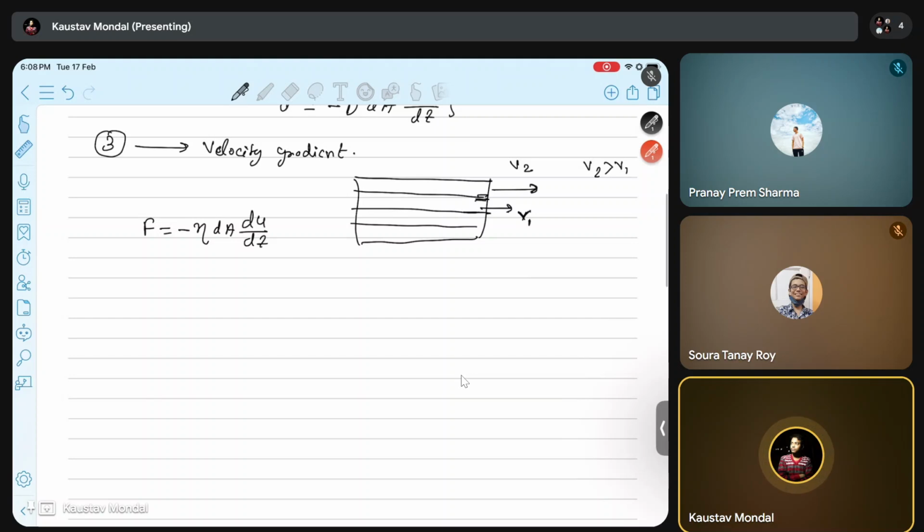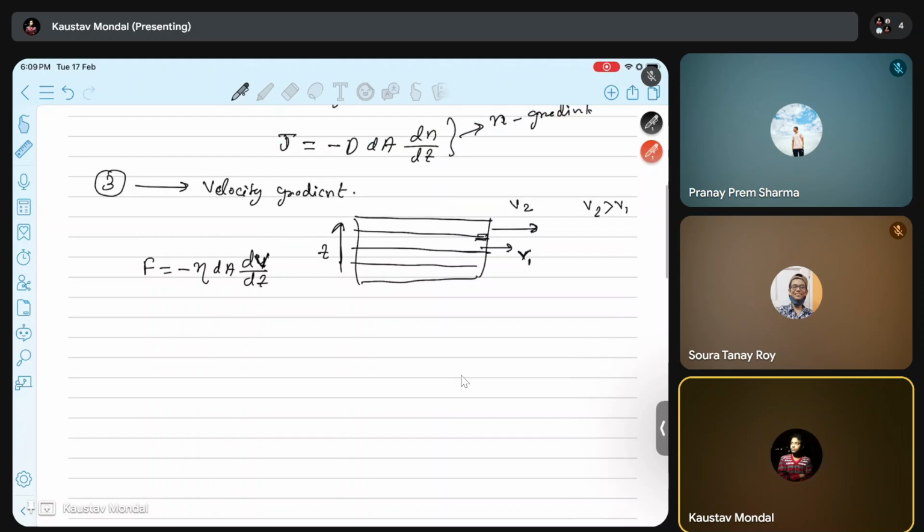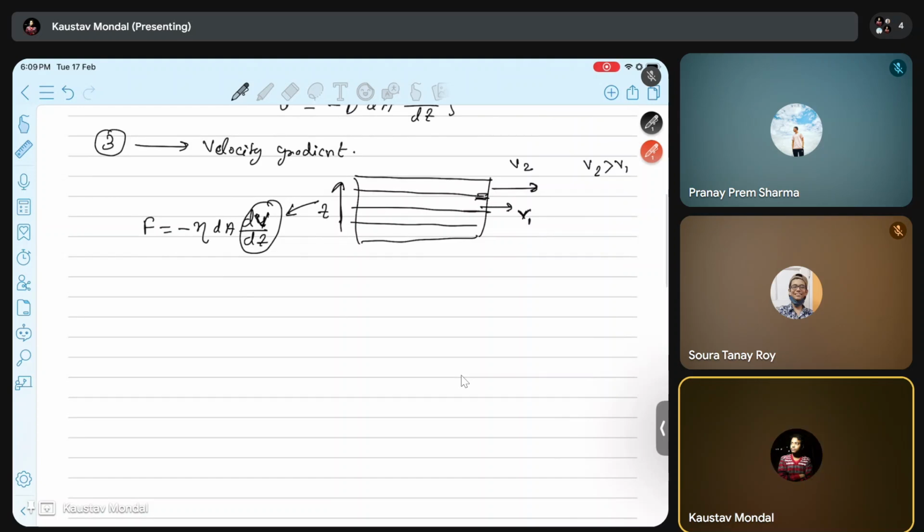So du dz, or dv dz, is the velocity gradient. That means if you move along the z axis, how the velocity changes along the z axis is calculated by dv dz. Eta is the coefficient of viscosity.